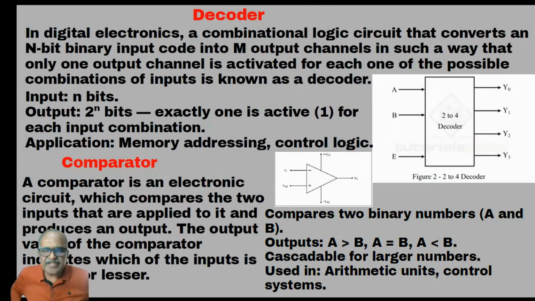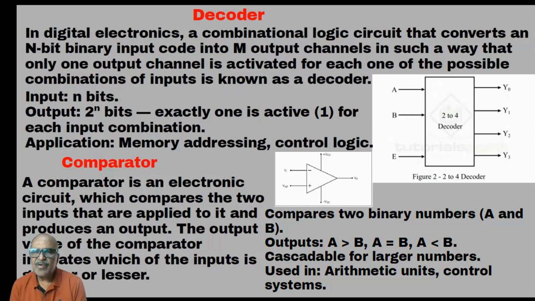Okay, now we come to the next topic, the decoder. There is a topic of encoder and decoder, and we will discuss the decoder. I have another video on encoder and decoder ICs and projects; you can go and check those projects. Anyhow, in digital electronics, a decoder is a combinational logic circuit that converts an N-bit binary input code into M output channels in such a way that only one output channel is activated for each input combination.